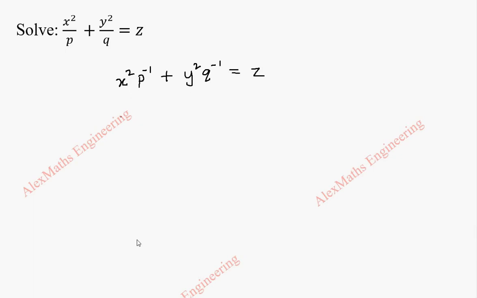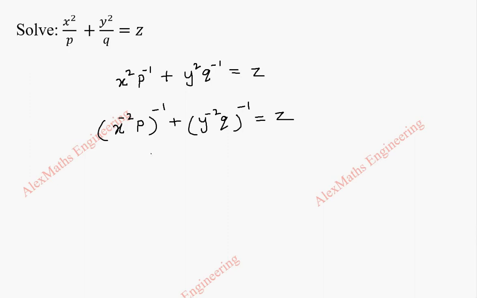And further, this can be rearranged as (x power minus 2 p) whole power minus 1. So I'm just altering it to make it into the form of p into x power something. Because finally, if I simplify this, we get x square into p power minus 1. In the same way, we can take this as (y power minus 2 q) whole power minus 1 equal to z.